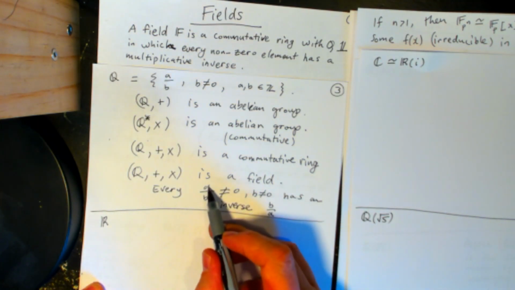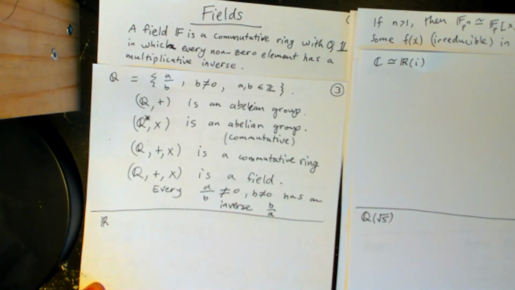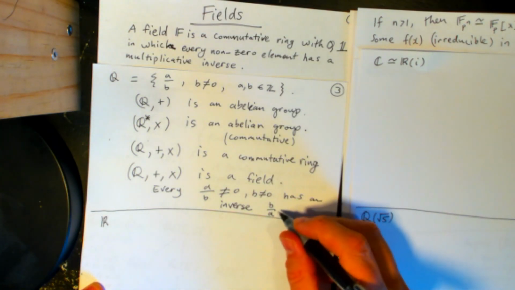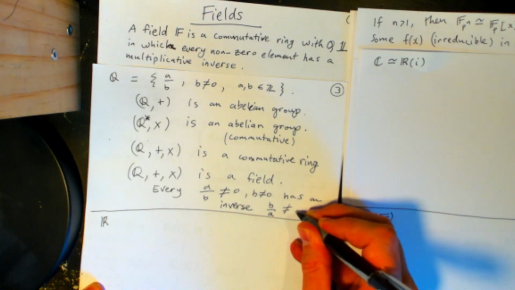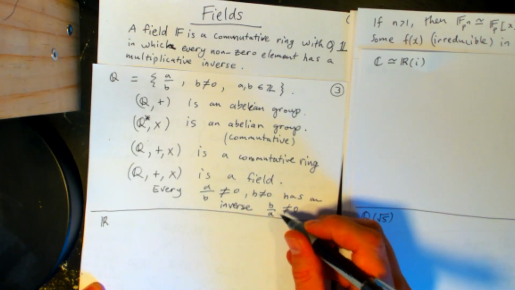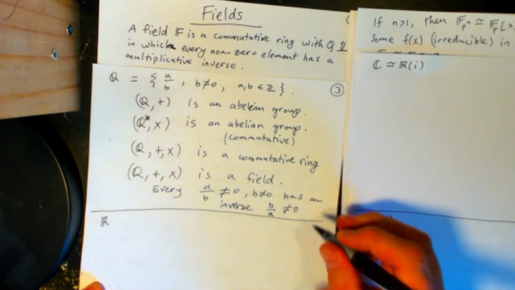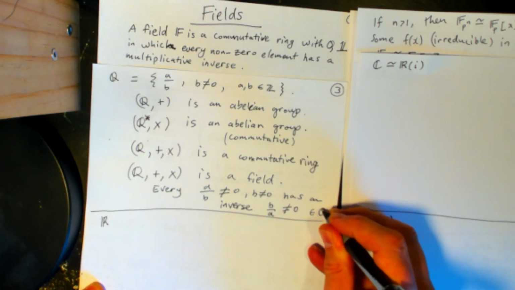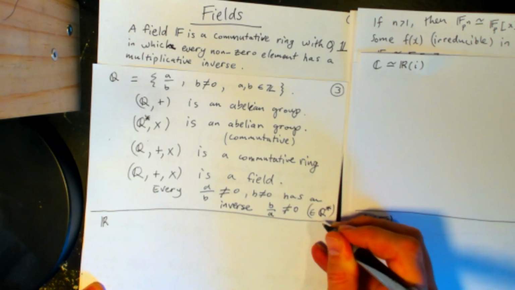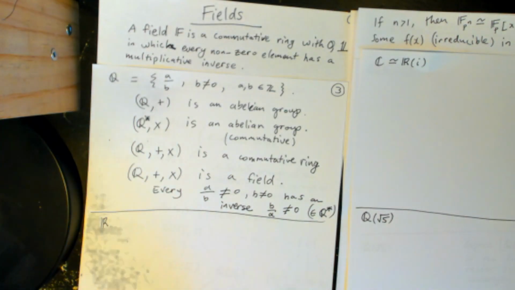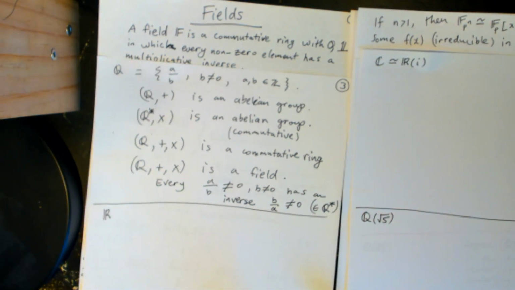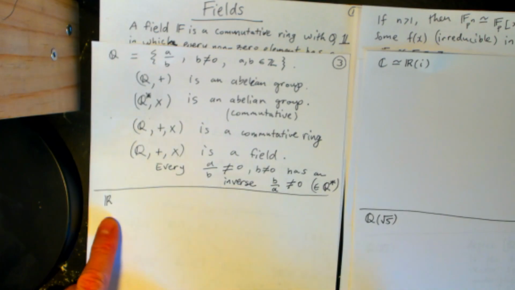Because we've excluded 0 for A. And so this is non-zero. And A is non-zero, so that is, in fact, belongs to the non-zero rational numbers. Okay, so every element in the rational numbers that is not zero has a multiplicative inverse, and so this makes this structure a field.